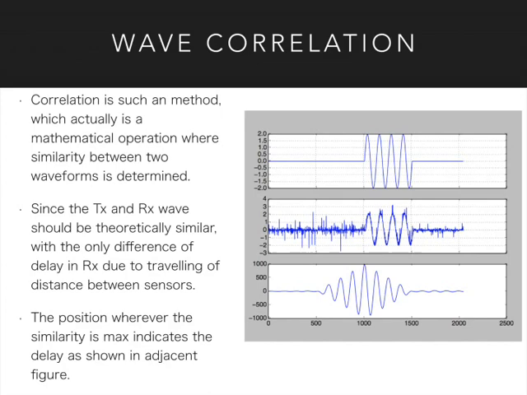Whenever the similarity, or the correlation score, is maximum, that indicates the delay present in the receiver wave. The method for finding TOF is to find the number of samples between the start of the transmitter wave and the maximum correlation value, multiplied by the sample rate, which gives us the time period.